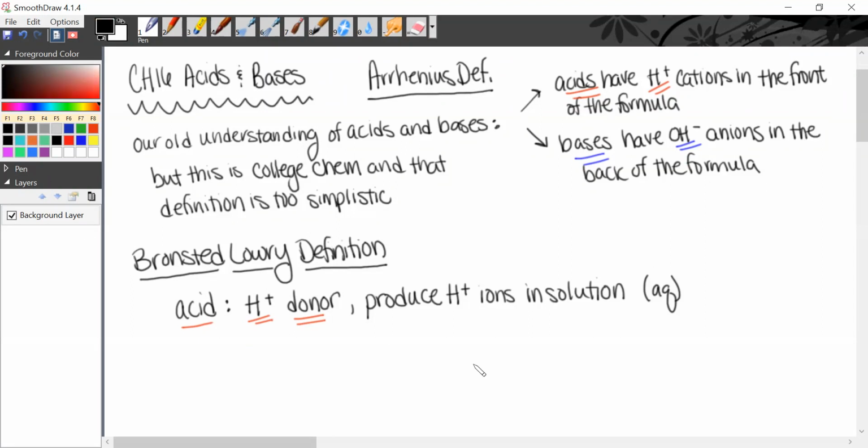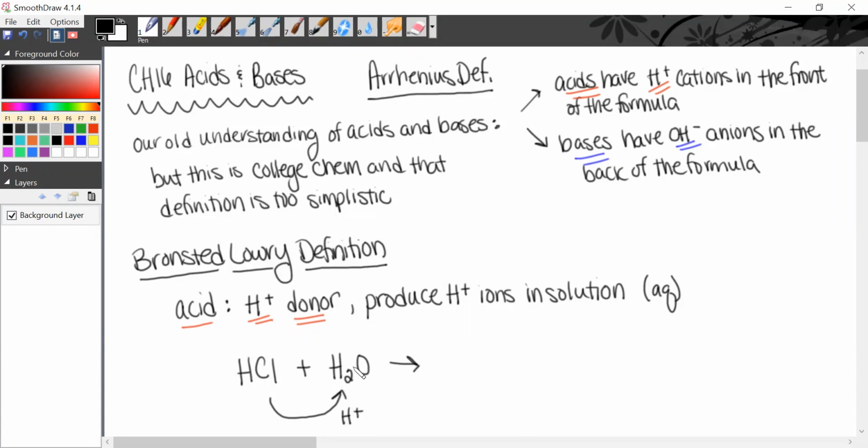Let's take a look at an example of this acid behavior that I'm talking about, this giving away of an H plus. Let's work with an acid that we're familiar with, like HCl. We work with that acid all the time. When you put HCl in water, so HCl plus H2O, what's actually going on is the H from the HCl gets donated to the H2O.